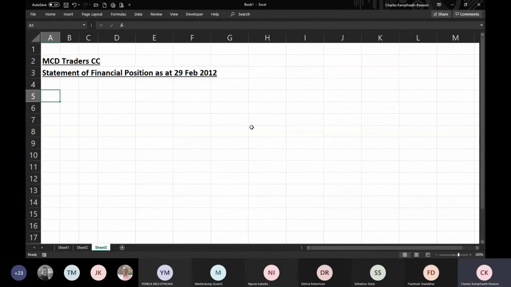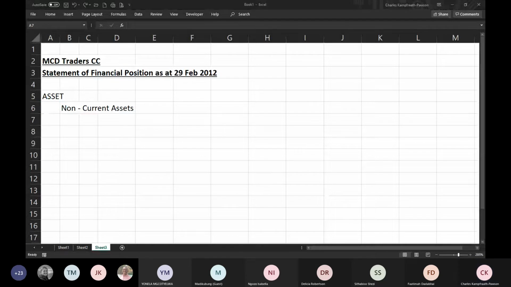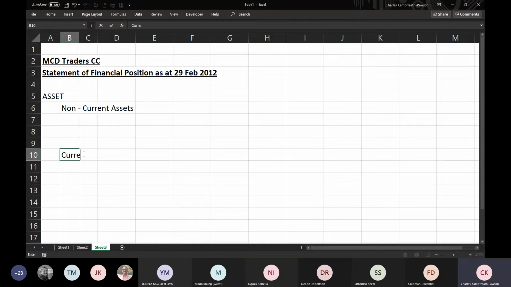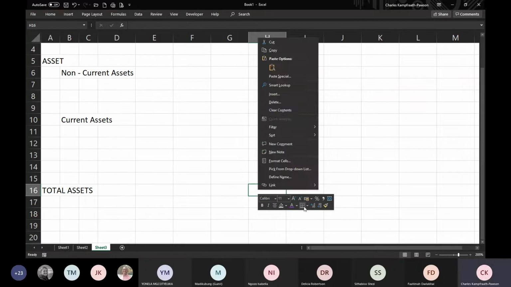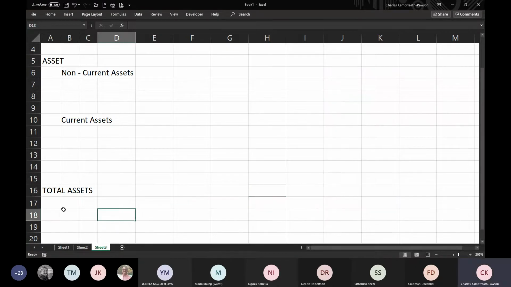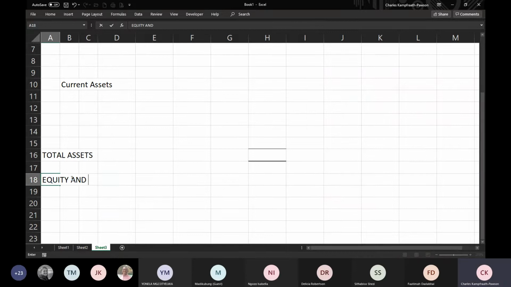So what is the normal layout of your statement of financial position? You have assets, which are divided into non-current assets and current assets. Leave a few lines open and that will give you total assets. Then you have your equity and liabilities.